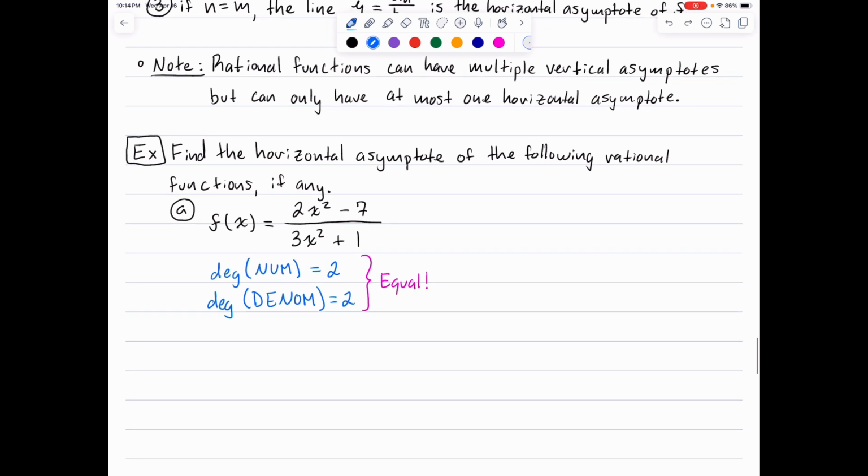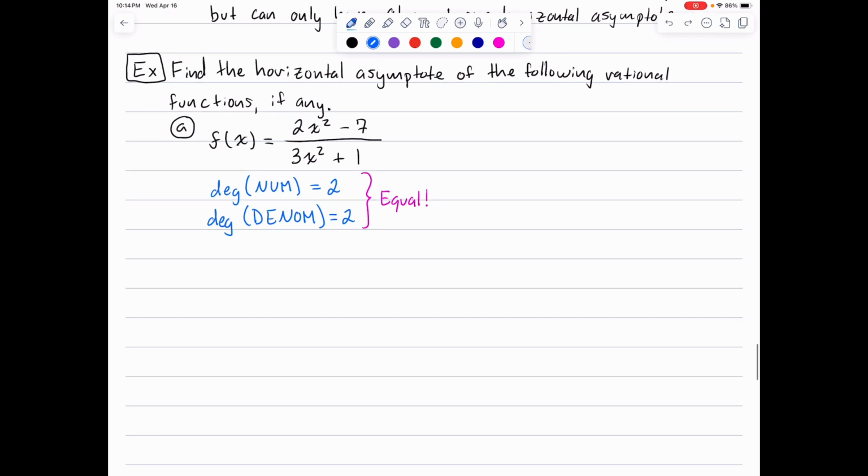So we want to find our answer. There's going to be a horizontal asymptote, or you can just call it HA, at y equals. Now we want the leading coefficient of our numerator. Well, that's just 2.